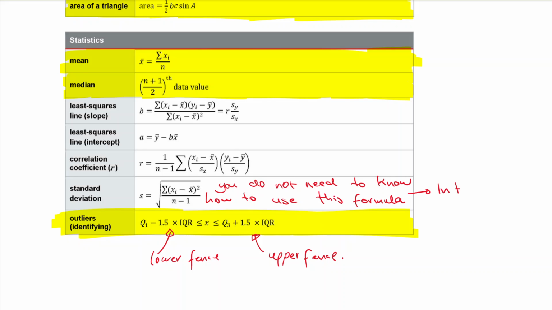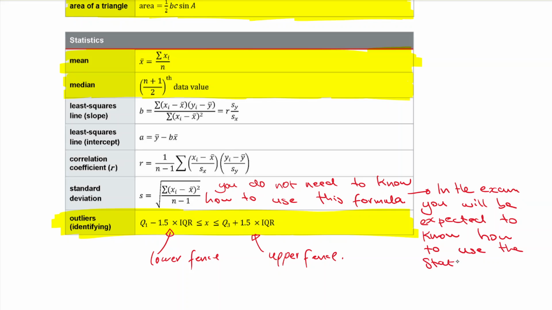In the exam, you will be expected to know how to use the stat function on the calculator.